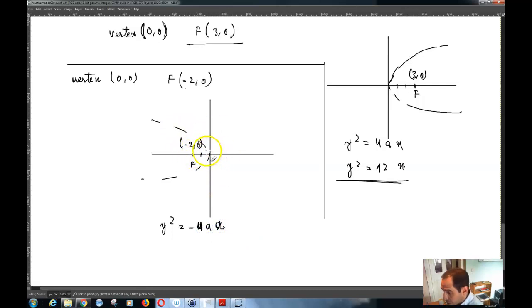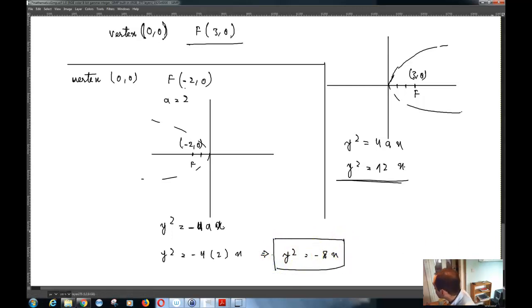So my a is equal to 2 here. So y squared is equal to negative 4 times 2 times x, so that means that y squared is equal to negative 8x. That is number 10, y squared is equal to negative 8x.